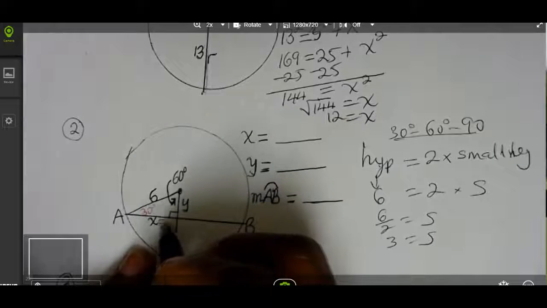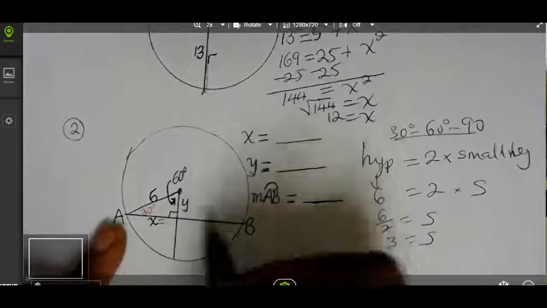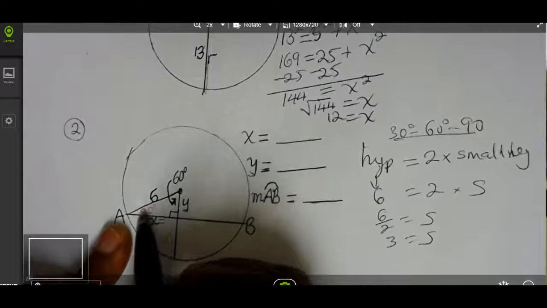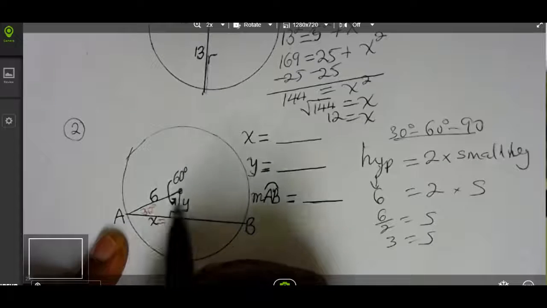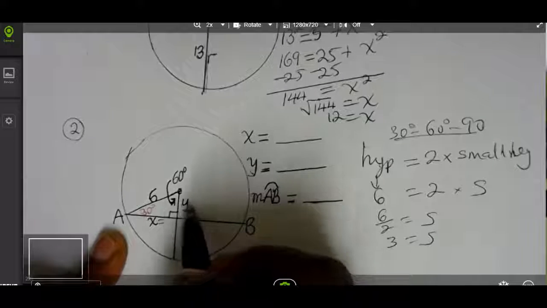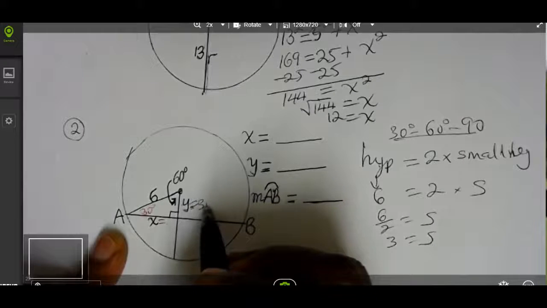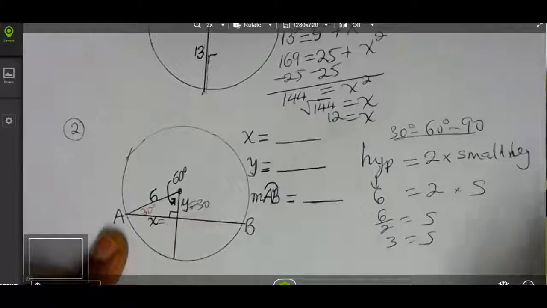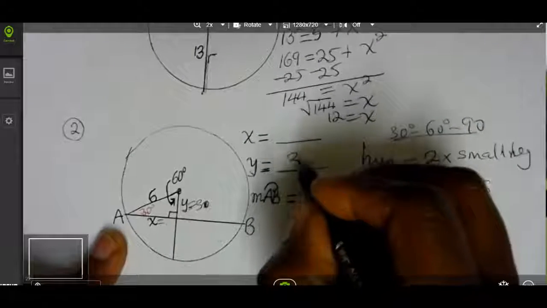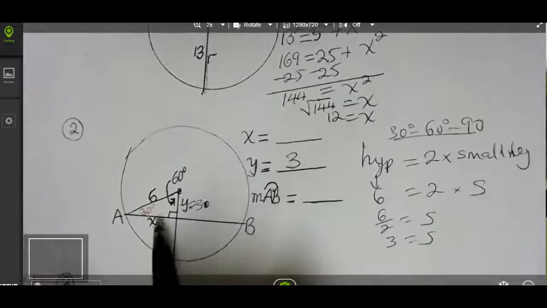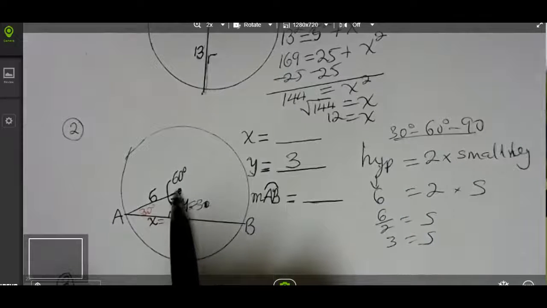So y, the small leg, has to be opposite the small angle, so y is 3. And what is x?